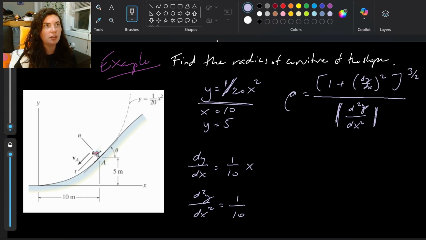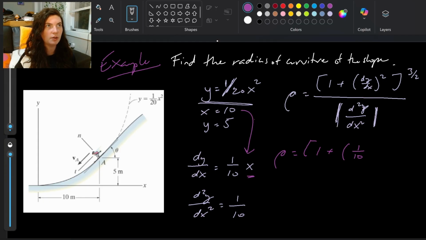So now I can go ahead and plug this into my radius of curvature formula. So rho, my radius of curvature, is going to be 1 plus dy/dx squared. So that's 1/10 times x. And what's my x here?